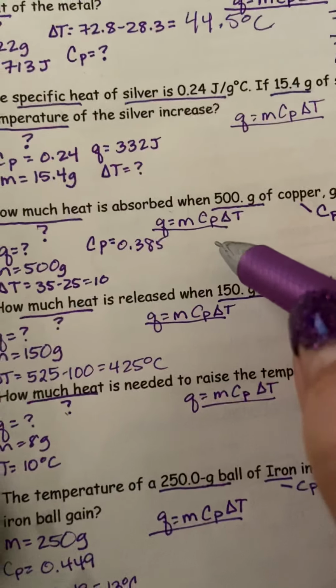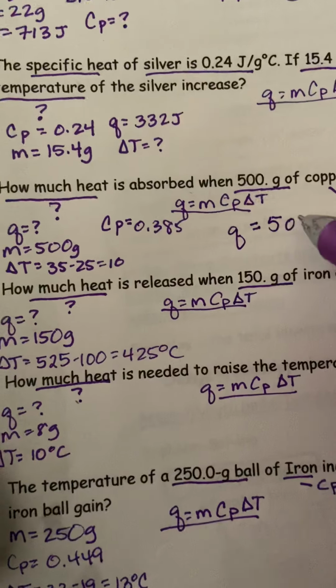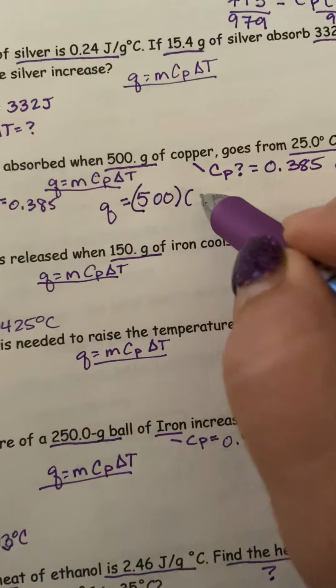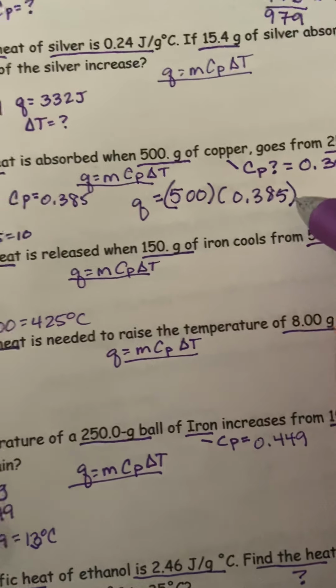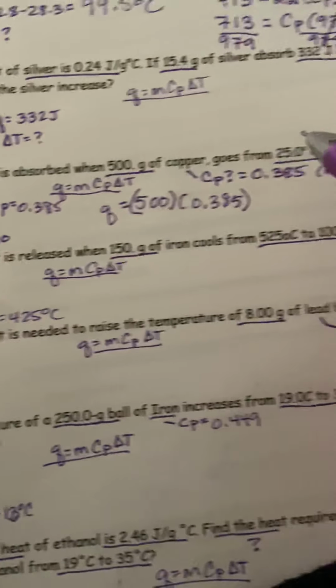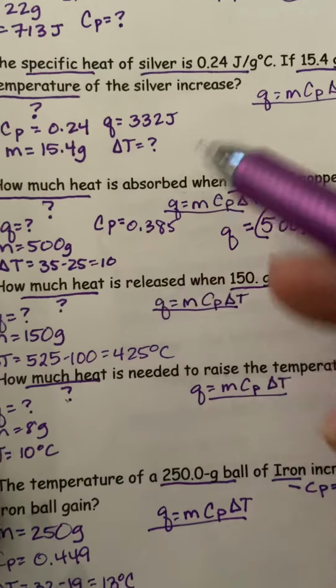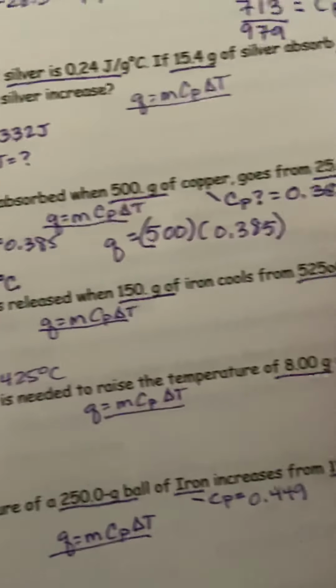And so we can say Q equals mass times the specific heat times delta T. It gave us 35 and 25, which is a difference of 10 degrees Celsius.